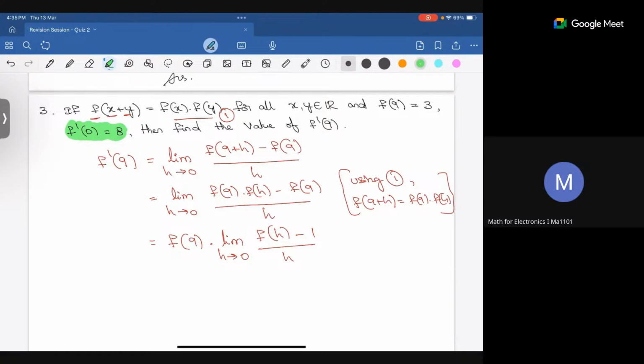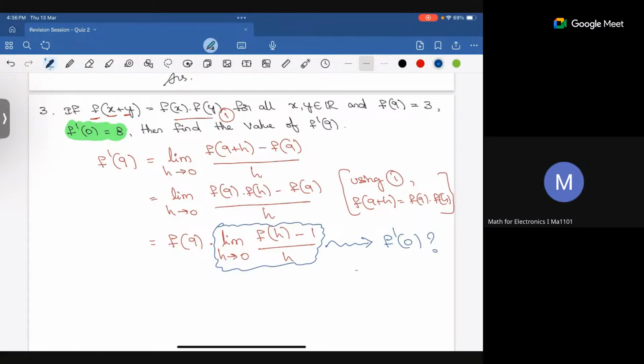For that, I have to closely look into this expression, limit h tends to 0, f of h minus 1 divided by h. If I have to connect this to f prime of 0, I should know how f prime of 0 is defined in terms of limits, right? All I am doing is using the information that is given. So somehow I have to connect this with f prime of 0 so that I can get towards the answer.